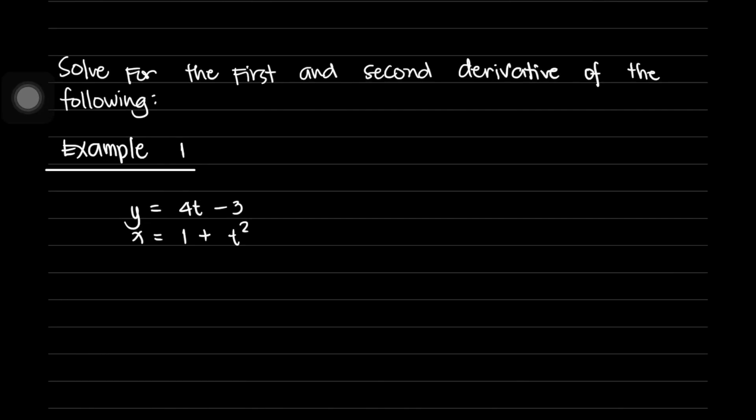To illustrate this further, let's have this example. The instruction is to solve for the first and second derivative of the following parametric equation. For this example 1, we have y equals 4t minus 3 and x equals 1 plus t squared.